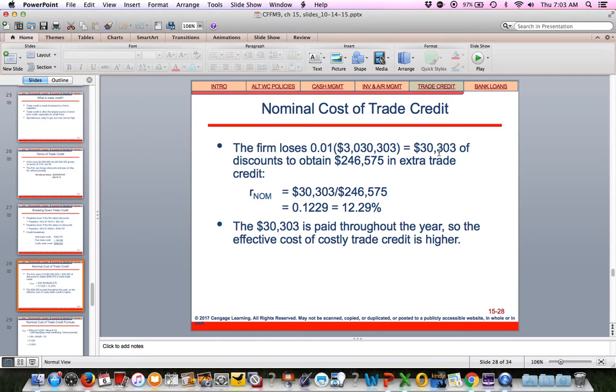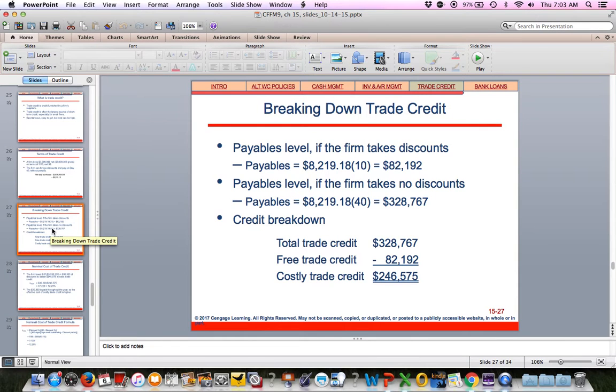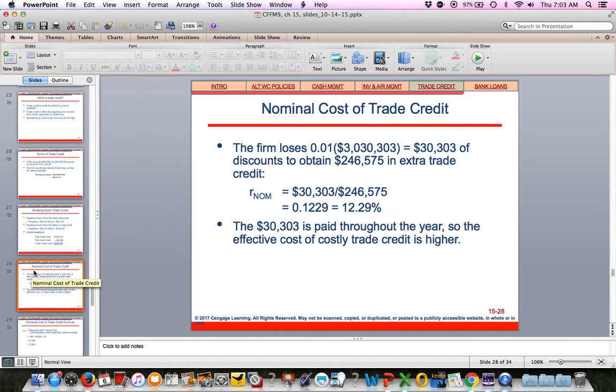Because remember, if we hold on to our cash and don't pay the bill until day 40, there's a cost to that, because we could have saved 1% by paying the bill within 10 days. So what's the cost of that?